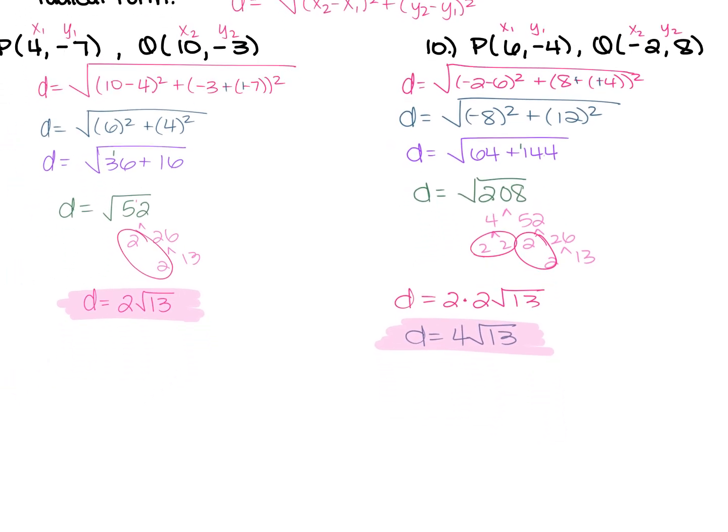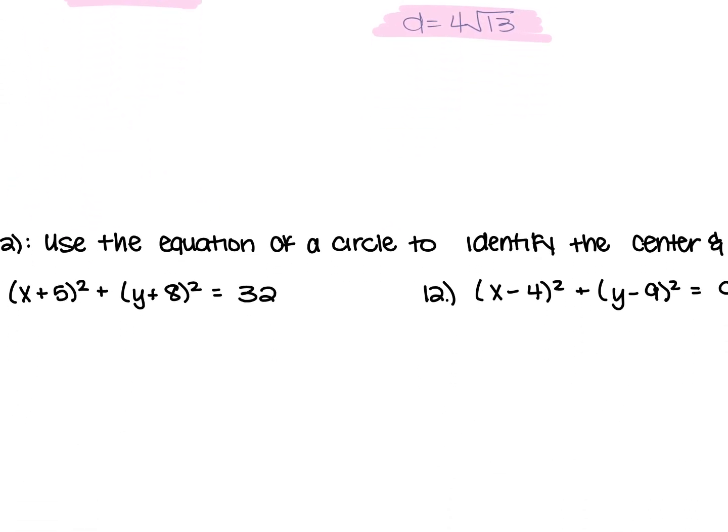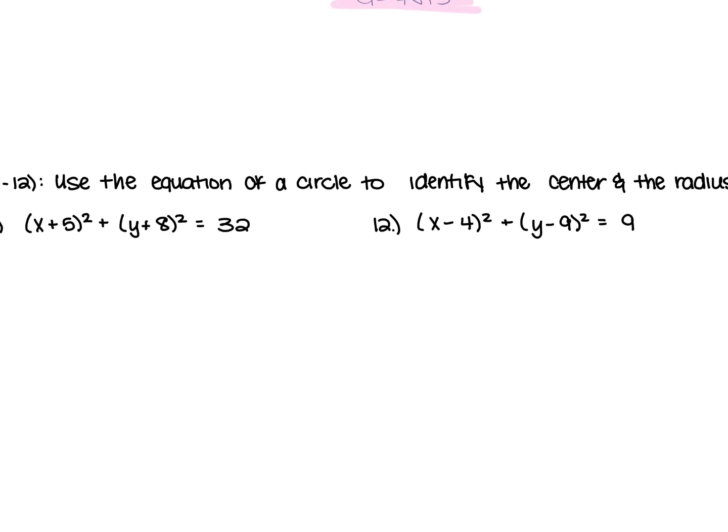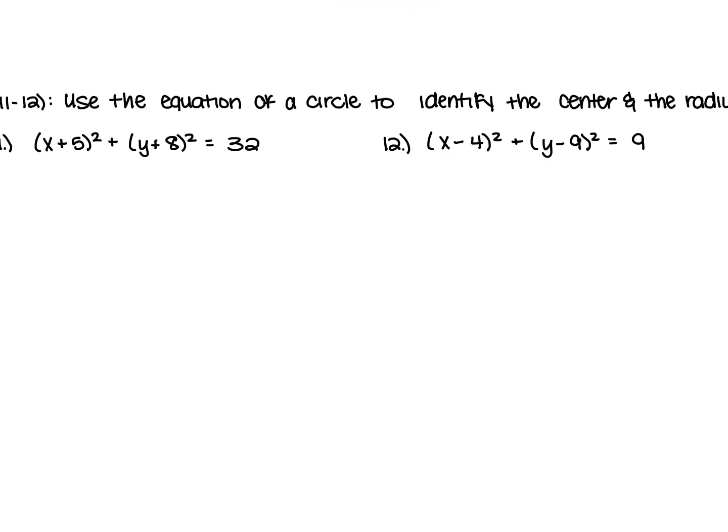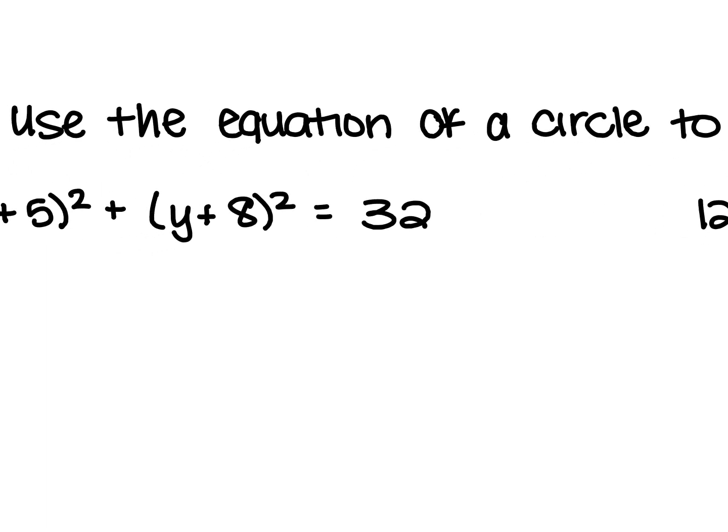For 11 and 12, it's asking you to use the equation of a circle to identify the center and the radius. If you remember, the equation of your circle is x minus h squared plus y minus k squared is equal to r squared.